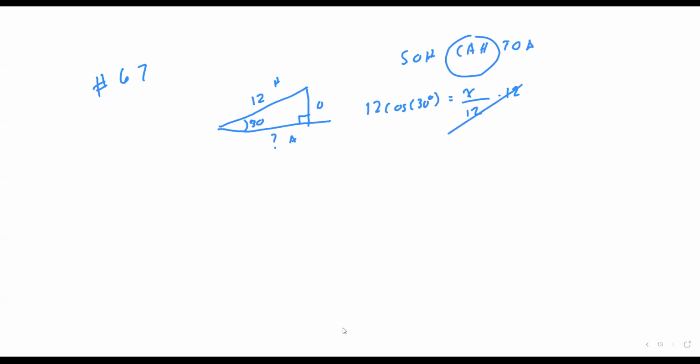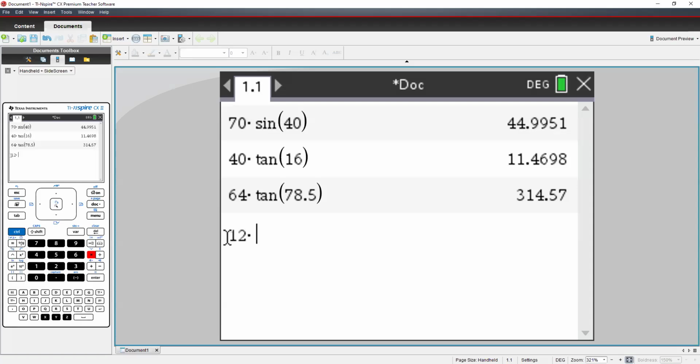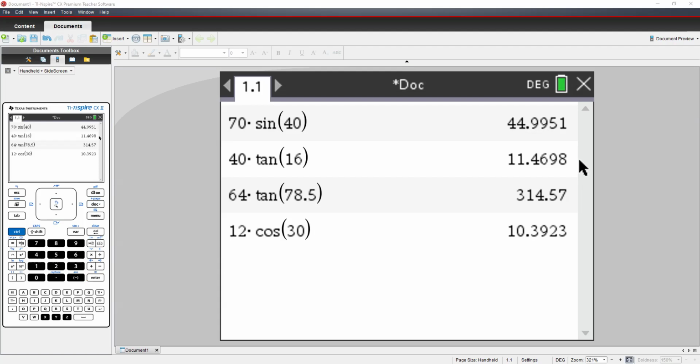And we'll do 12 times cosine, what was it again, 30 degrees. And so the length of it would be 10.39. And I don't remember what the units were. I want to say feet.